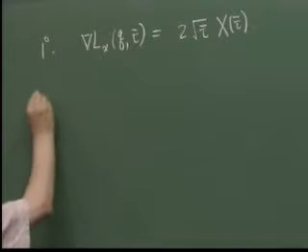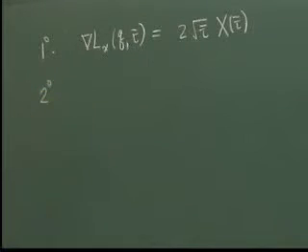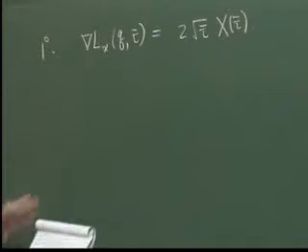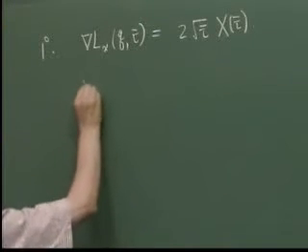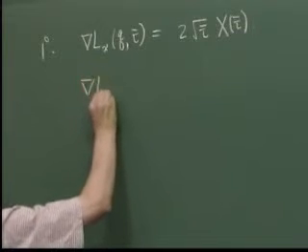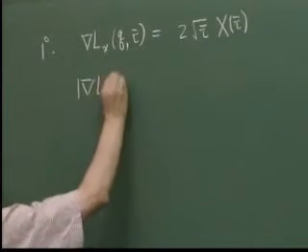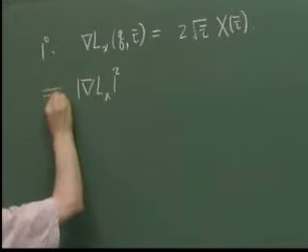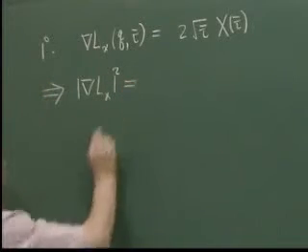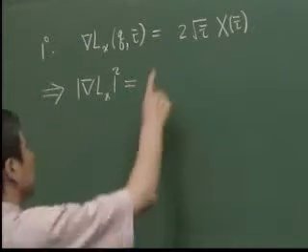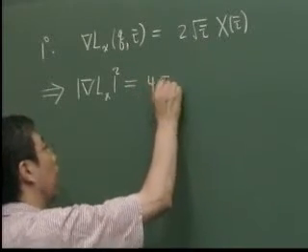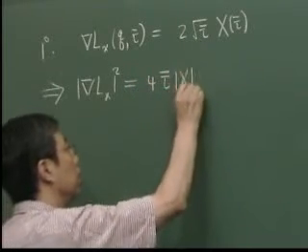Second, I want to compute, so maybe I derive some corollary of this. This implies the gradient of A_x squared is equal to 4 times tau bar of x squared.